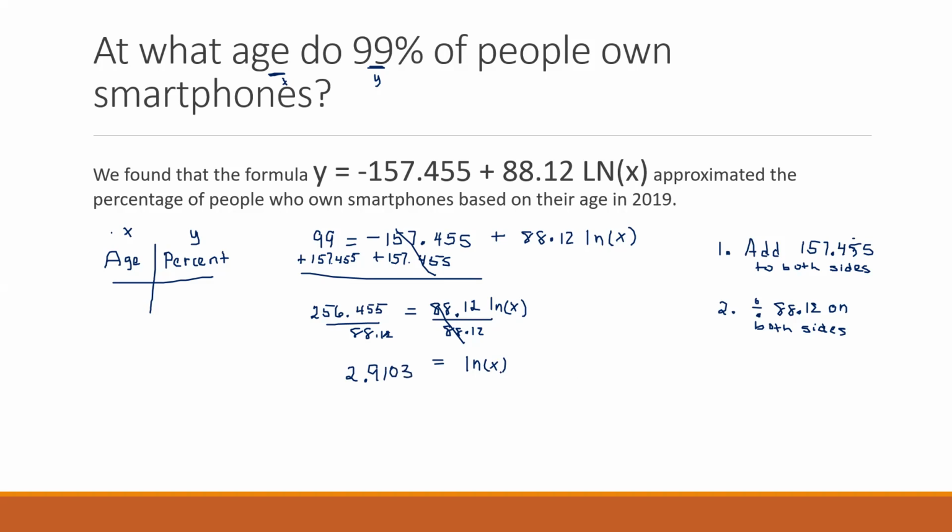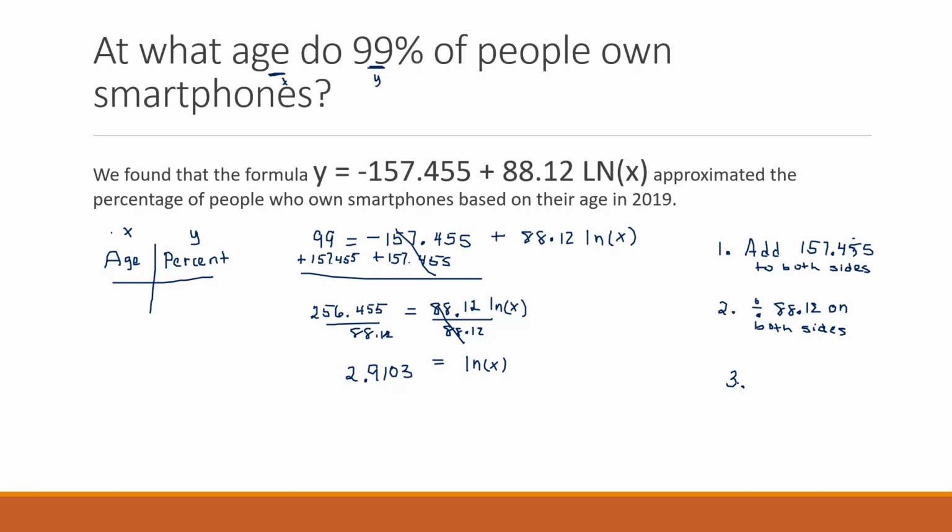Now I have natural log X, and so I need to cancel that natural log to get X to truly be by itself. And it's tempting here to think that it's multiplication, because we use the parentheses to denote what we're taking the natural log of, but natural logs are not multiplication. Natural logs give you exponents.